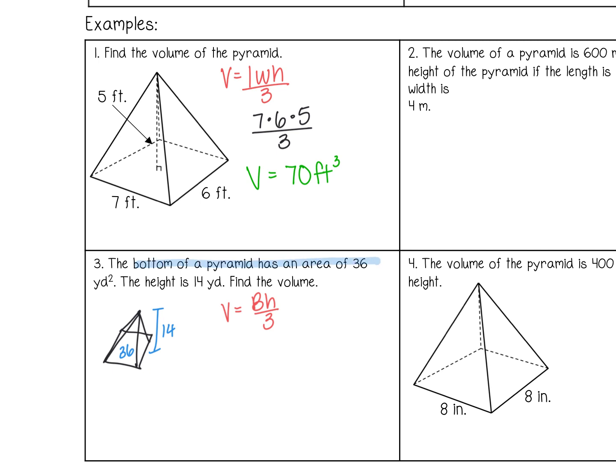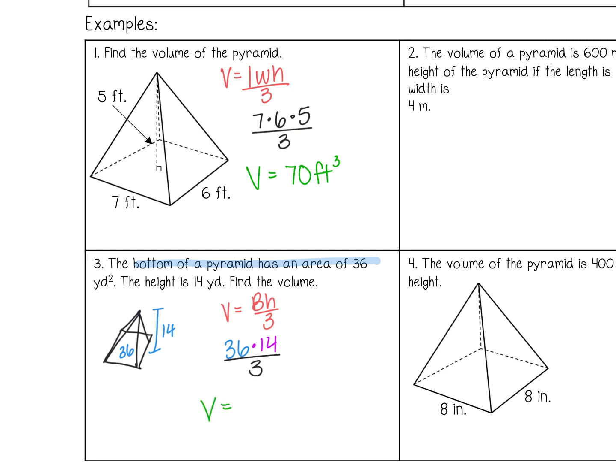Good, the bottom of the pyramid. So I'm going to go ahead and write that in. I have 36 times my height, which is 14. And then all I'm doing is dividing it by 3. So plug it into your calculator, 36 times 14. Divide it by 3 and you should get your answer.